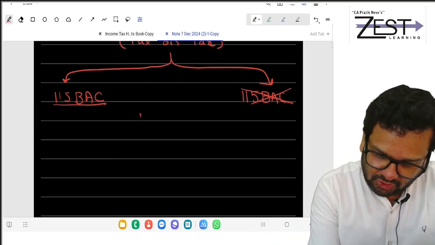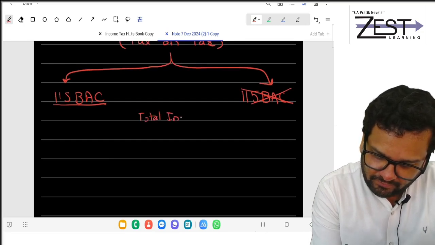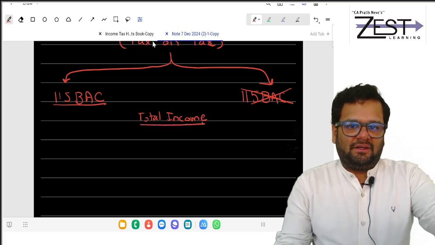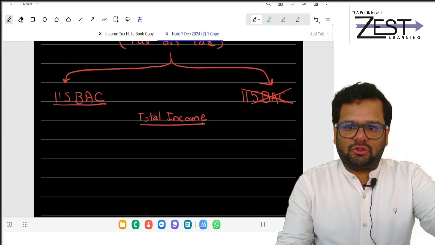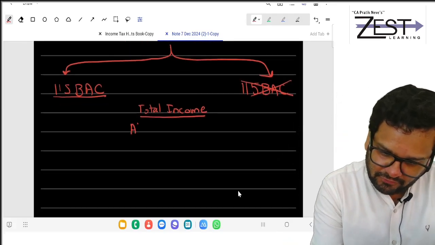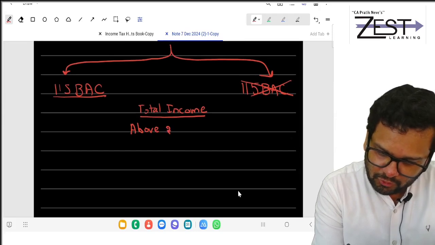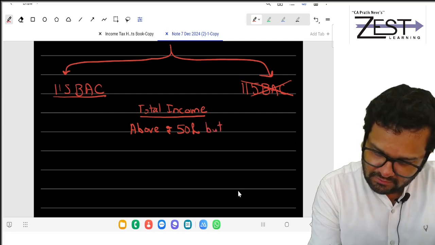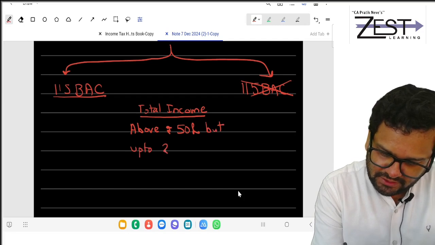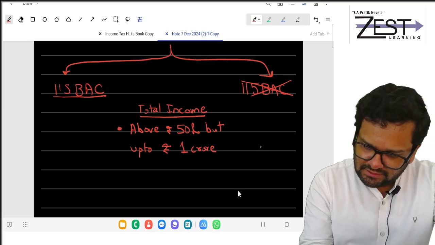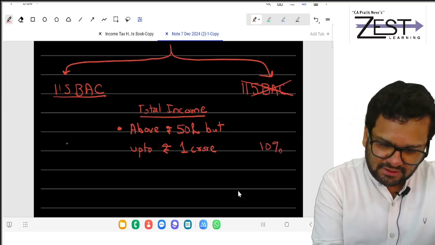See, it all depends on total income. If total income is above rupees 50 lakhs but up to rupees 1 crore, then whichever regime you are in, it is 10%.